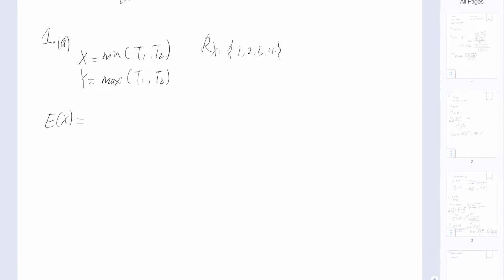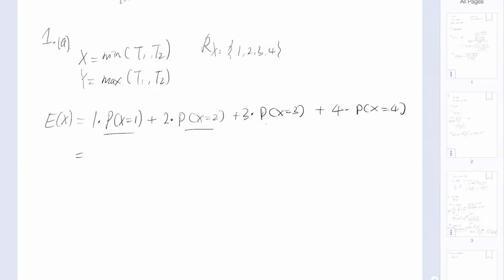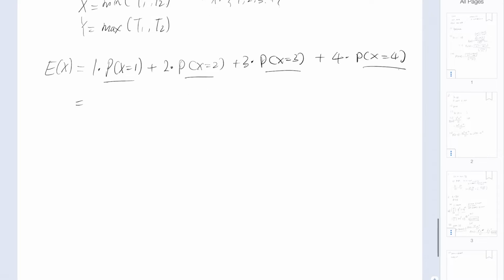So the expectation of X is 1 times the probability of X equal to 1, plus 2 times the probability of X equal to 2, plus 3 times the probability of X equal to 3, plus 4 times the probability of X equal to 4. Now we just need to calculate these four probabilities.